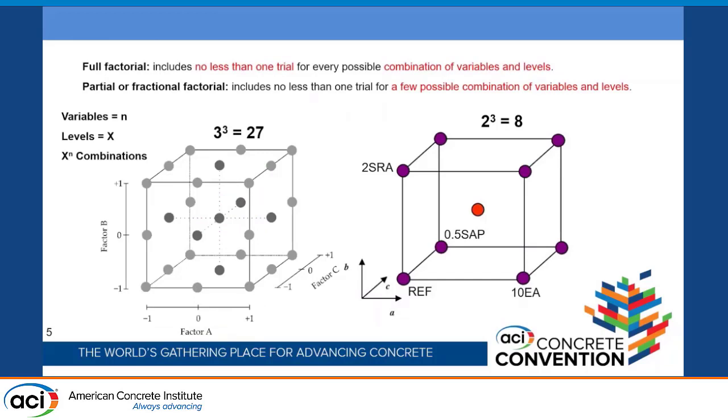You have two types of factorial design, full factorial and partial factorial design. Full factorial considers all the combinations of the possible variables and levels. However, partial factorial includes no less than one trial for a few possible combinations of variables and levels. If you have n variables and x levels, say 3 variables and 3 levels, say minimum, medium, and high level, we would have 3 to the power 3 combinations, 27 combinations for the full factorial situation.